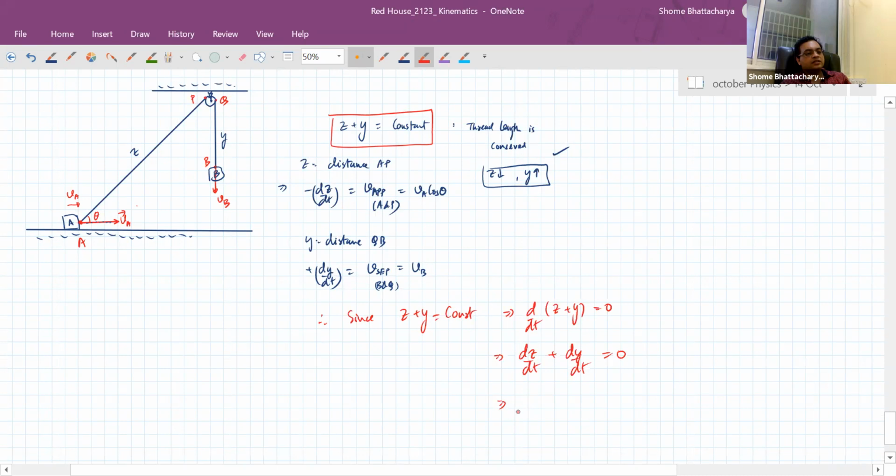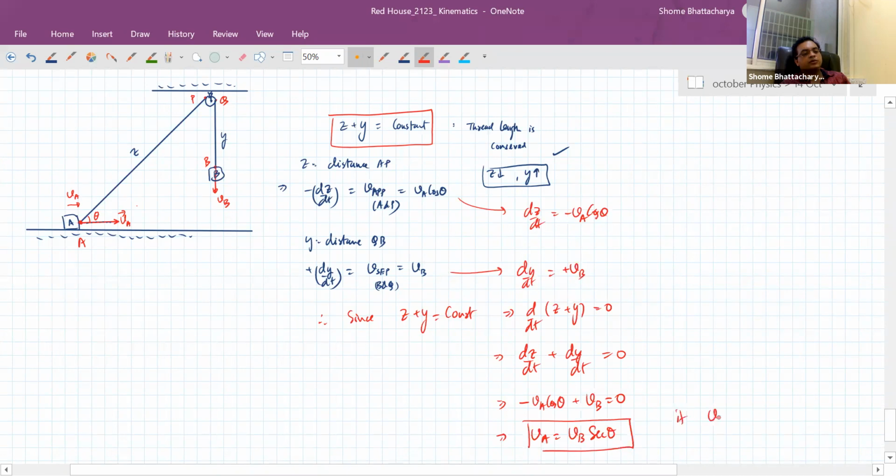So from here you can see dz by dt, z is decreasing at the rate of Va cos theta, and y is increasing at the rate of Vb, so minus Va cos theta plus Vb should be 0. This should be the relation between them, that Va is equal to Vb sec theta at any instant.